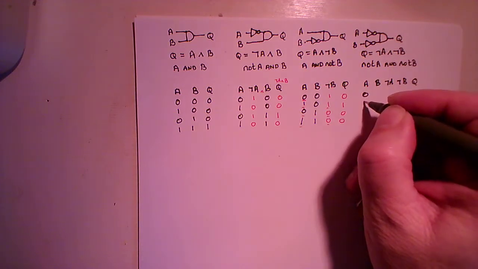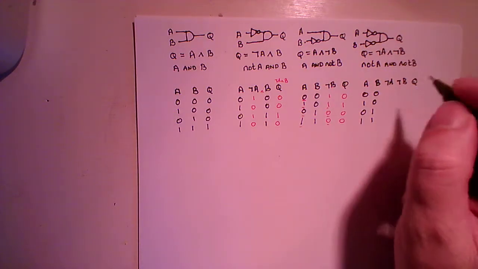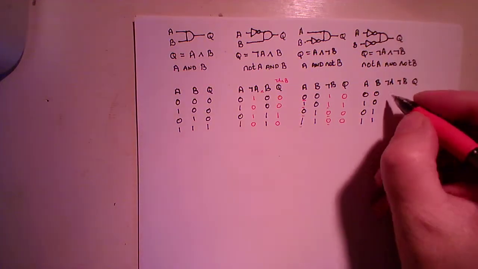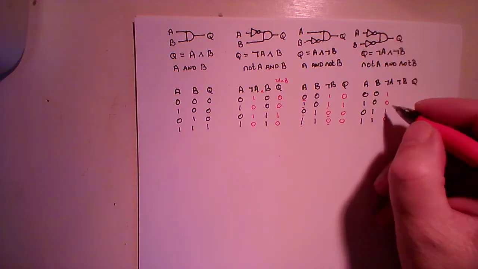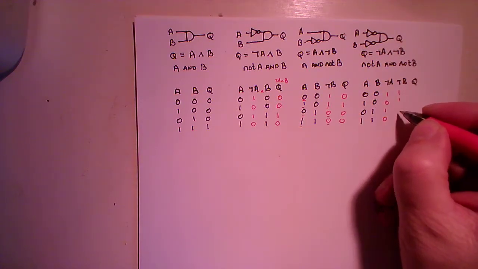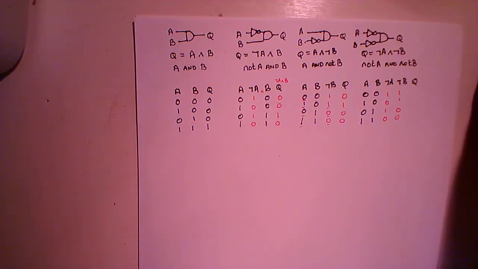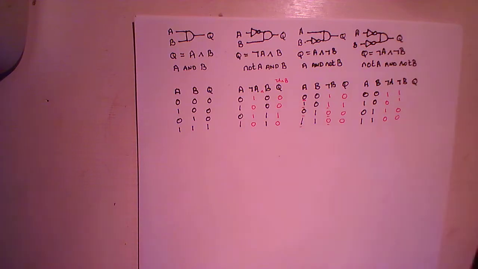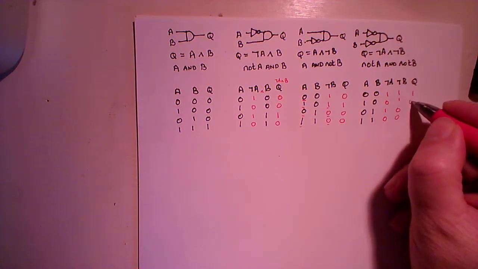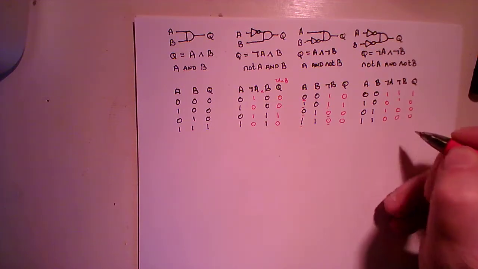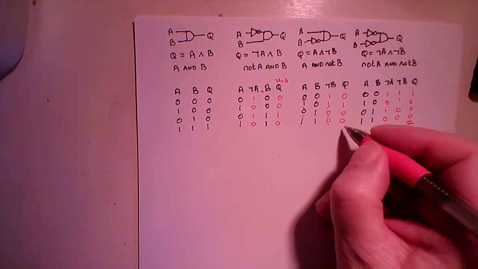So let's go 0, 1, 0, 1, 0, 0, 1, 1. So let's do the NOT A. That's going to be 1, 0, 1, 0. Let's do the NOT B. 1, 1, 0, 0. It's just the opposite of that. Now I can work out my Q. Let's stick with red. 1 and 1 is 1. 0 and 1 is 0. 1 and 0 is 0. 0 and 0 is 0. So that is there, the result.